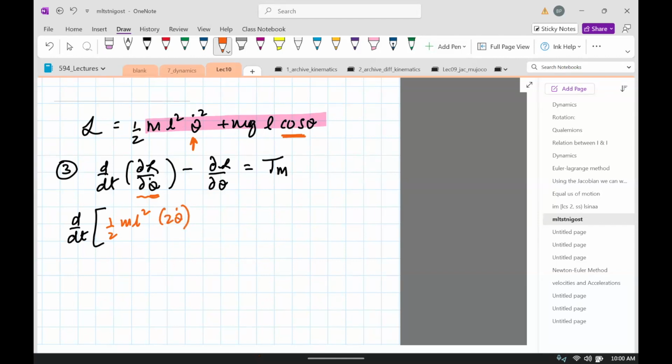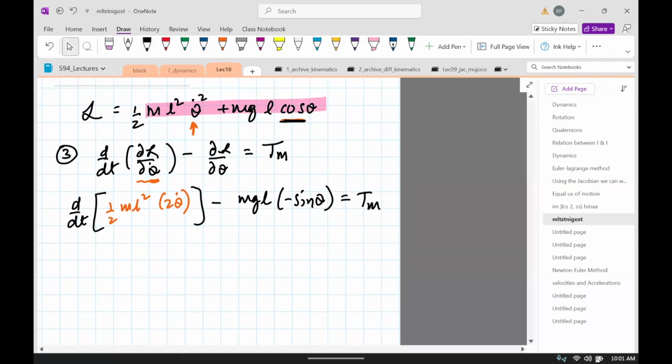And then the derivative of cosine theta with respect to theta dot is going to be 0 because you treat theta dot as a separate variable from theta. Okay, so that's that. And then minus, when you take this derivative now, you need to treat theta dot as a constant and then take the derivative with respect to theta. So the second term stays mgl. The derivative of cosine theta with respect to theta is minus sine theta, equals T motor.